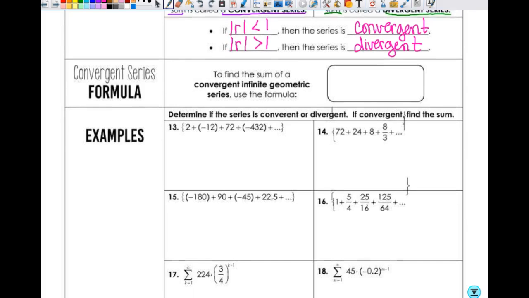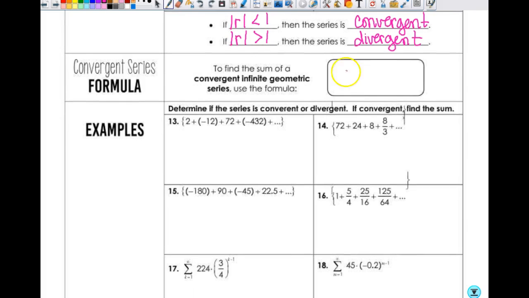If it's convergent and you can find a sum, then the sum is equal to a1 times 1 over 1 minus r. That's for a convergent infinite geometric series. So it says determine if the series is convergent or divergent.